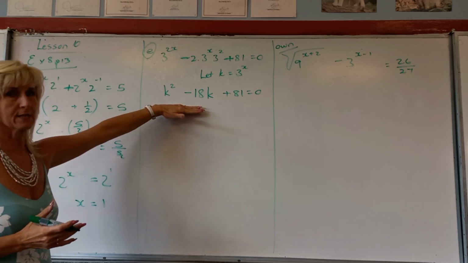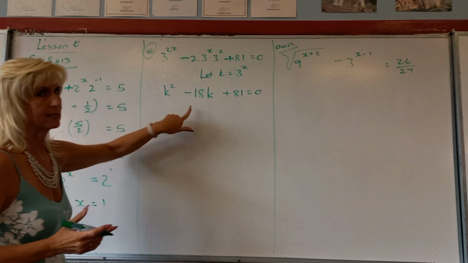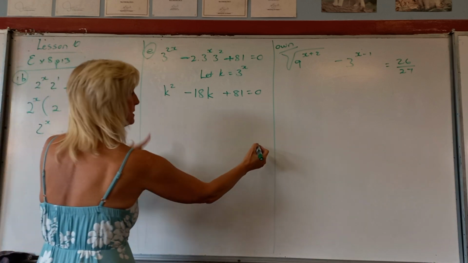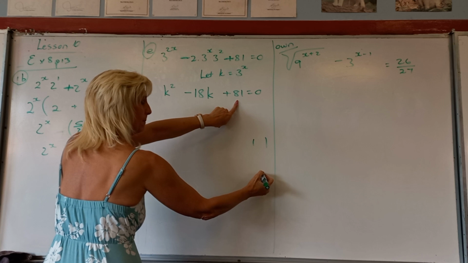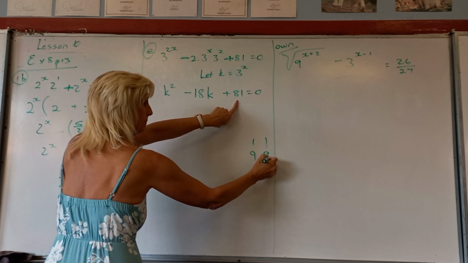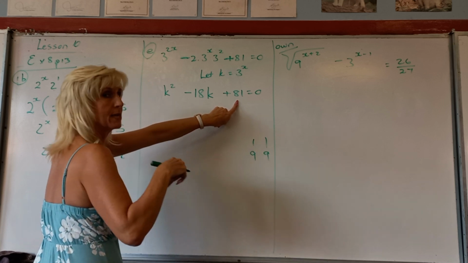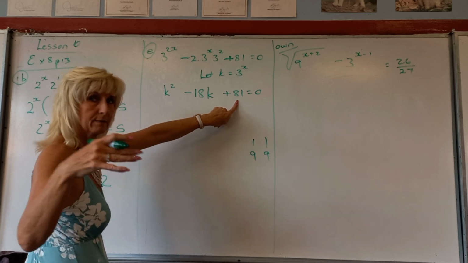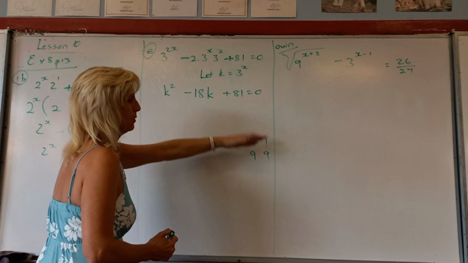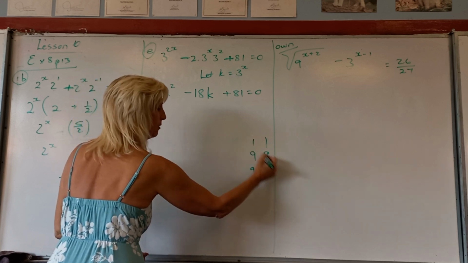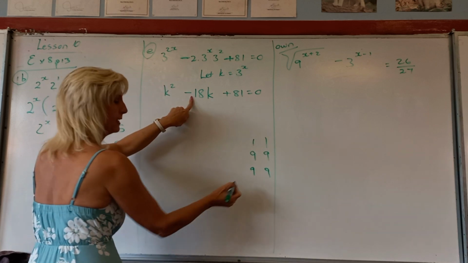What are the factors of 81 that will give me 18? Which you do by saying 1 times 81, 3 times 27, and we search. There's a few of them. So the 1 is at the top, the 81 is at the bottom. We cross multiply, need to get to negative 18.